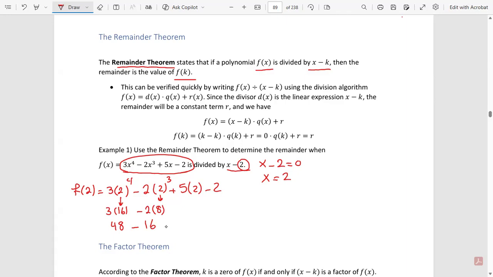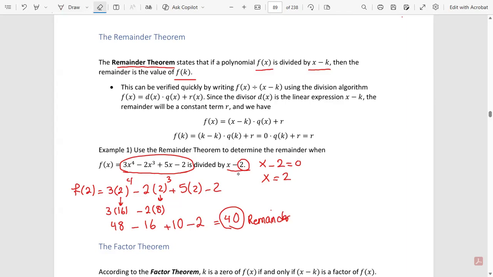Multiply 5 by 2, which is 10, and then bring down negative 2. Now the last step is addition and subtraction: 48 minus 16 plus 10 minus 2. And the answer is 40. 40 is the remainder of this division.